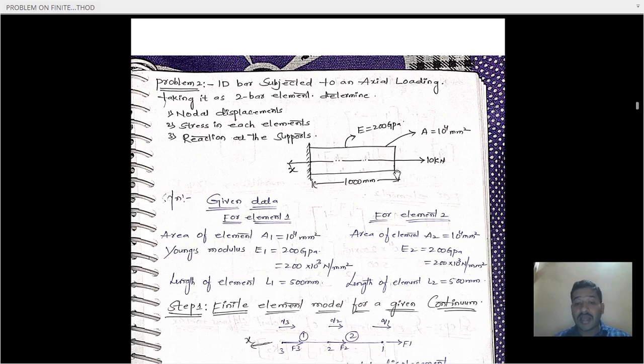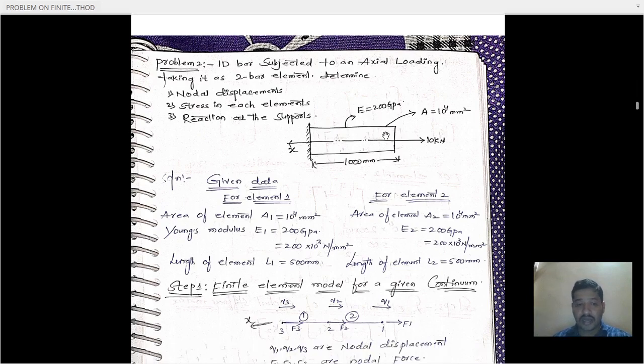The total length of this beam is 1000 mm and the tensile load of 10 kilonewton is acting at the free end, and the area of this two-dimension bar element is given as 10 power of 4 mm square, and the modulus of elasticity, or sometimes we can say Young's modulus, how much is given? 200 gigapascal is given. Then how to solve this problem?